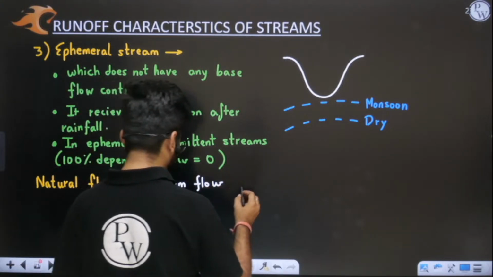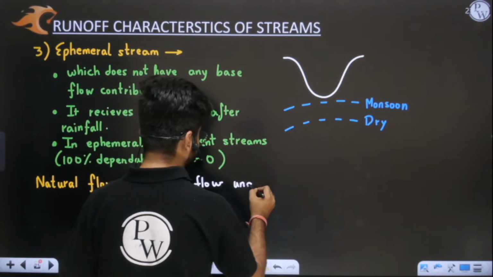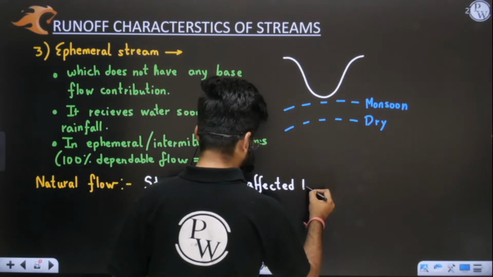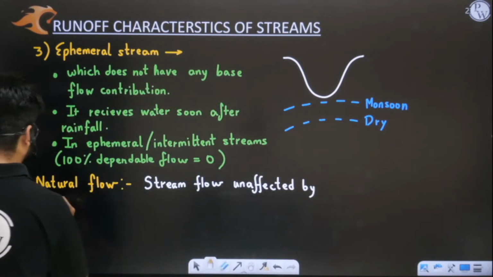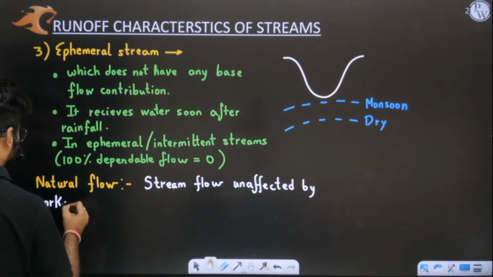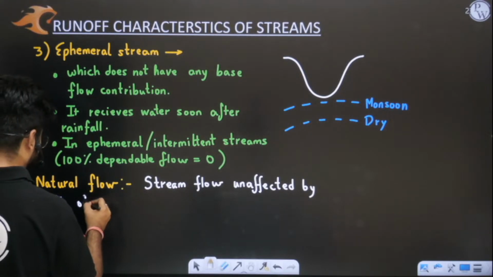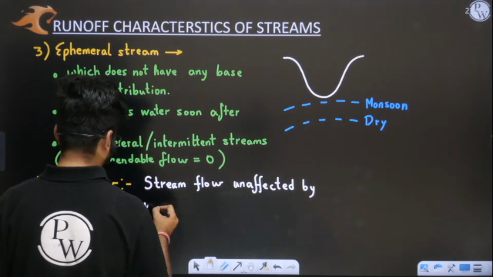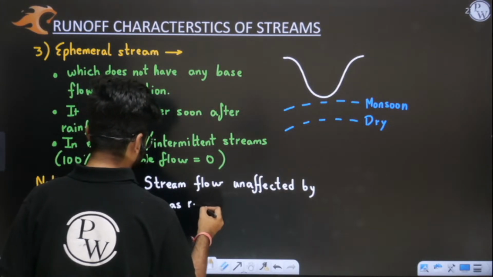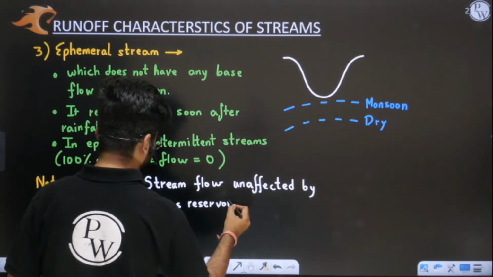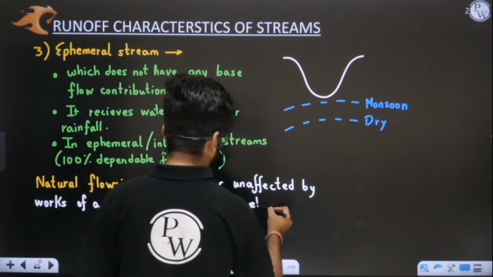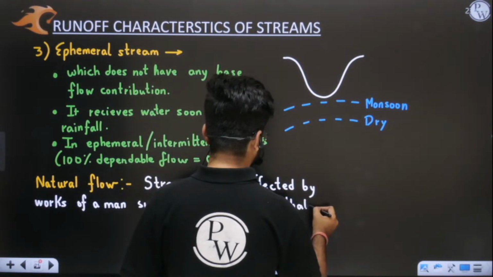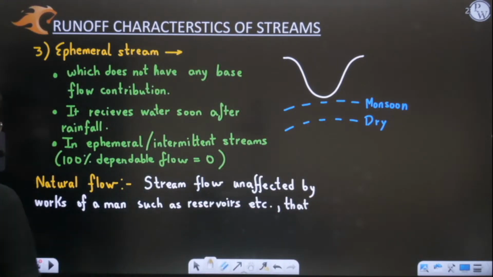Natural flow means stream flow unaffected by works of a man, such as reservoirs, etc. That is unaffected by works of a man, such as reservoirs.